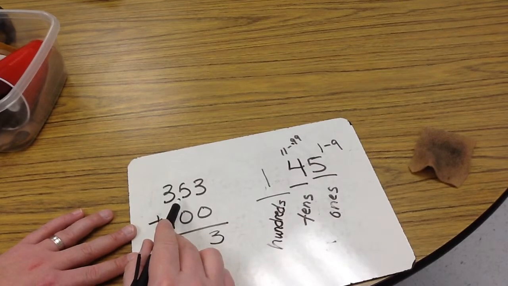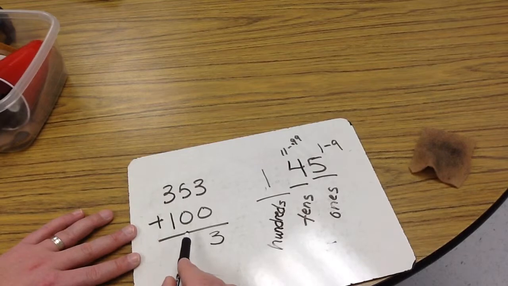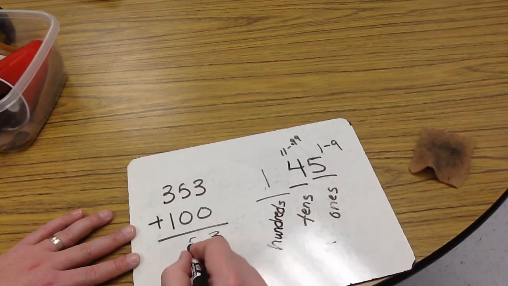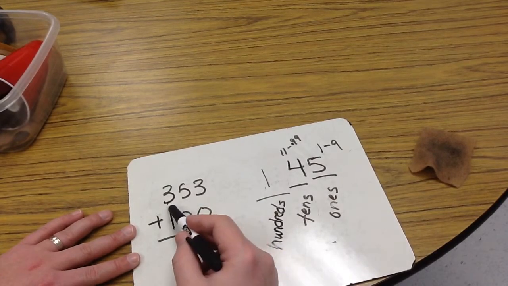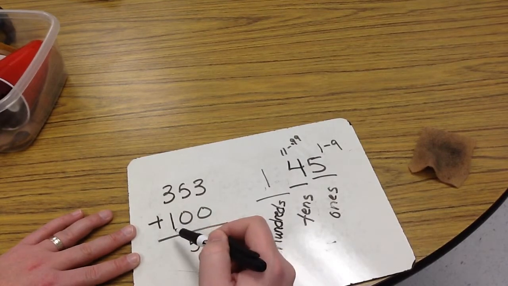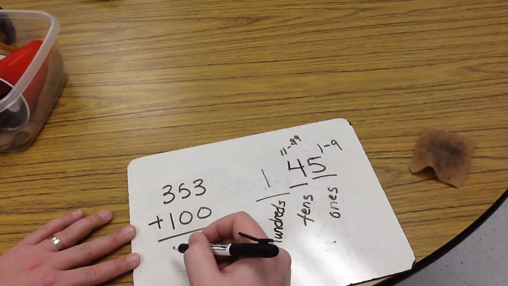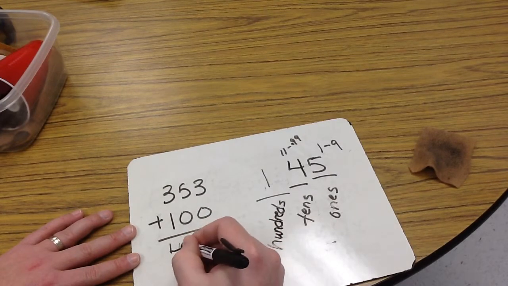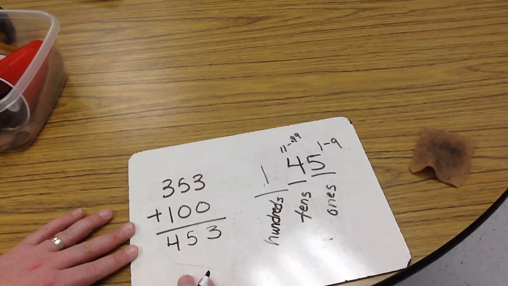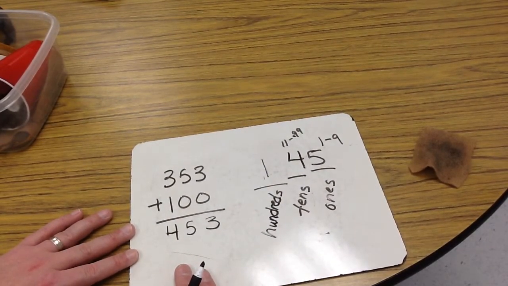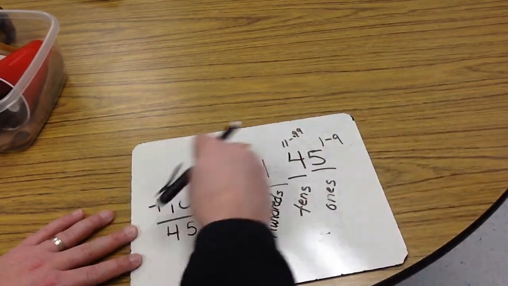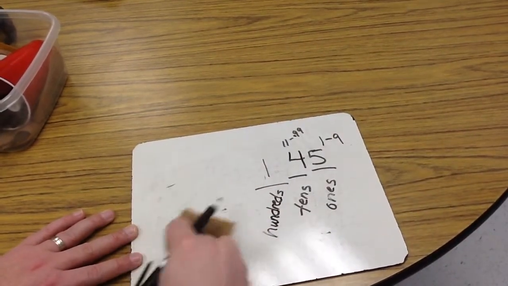I look at this column and I have 5 tens, but I don't have any tens here, so 5 plus 0 has to be 5. Now if I come to my hundreds place, I have 3 hundreds up here and I have 100 down here. That means I have a total of 453. As we move on in our lessons, we're going to get into the hundreds, but for right now we're focusing on just the tens.